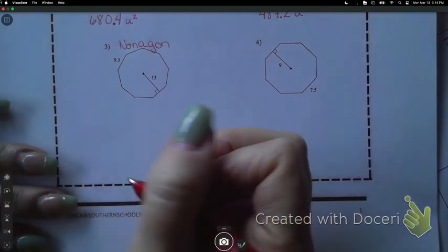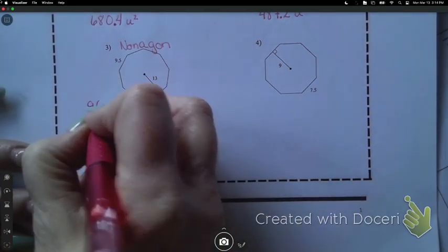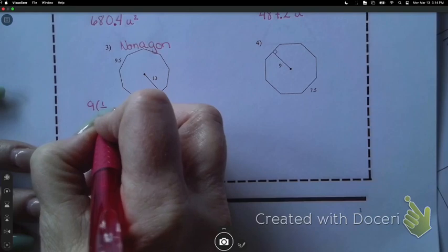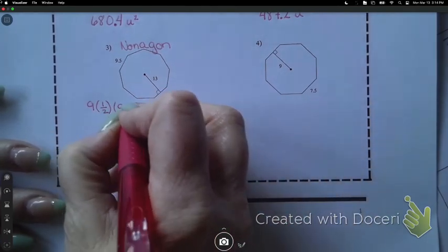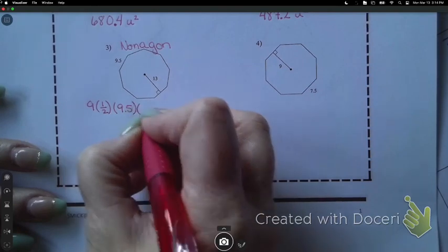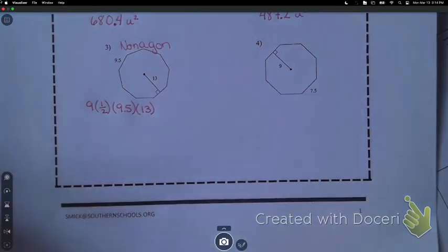Okay, what's first? 9 times a half. 9.1. Okay. Is anything divisible by 2? Nope. So should we just wait till the end? Yep. Okay, what do you want to multiply by 9? 9.5 or 13? 9.5.